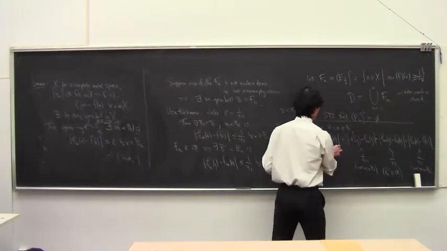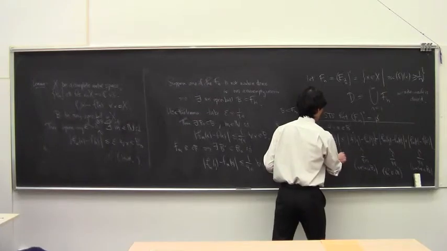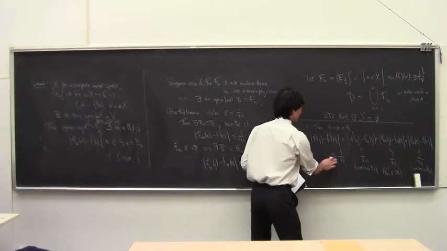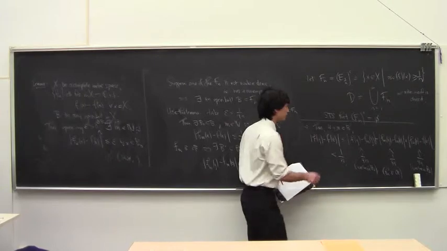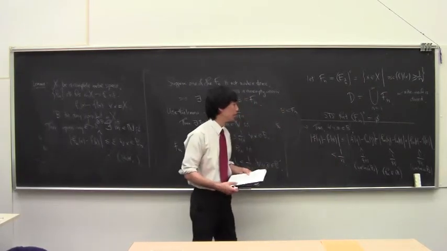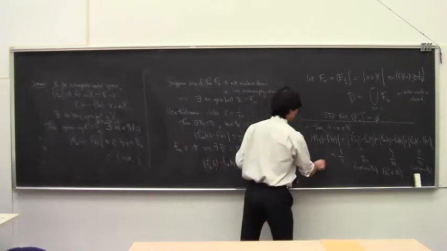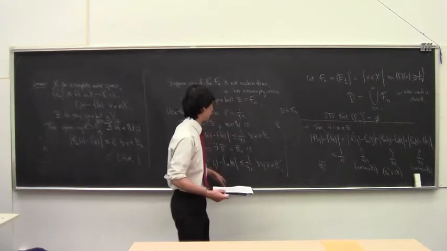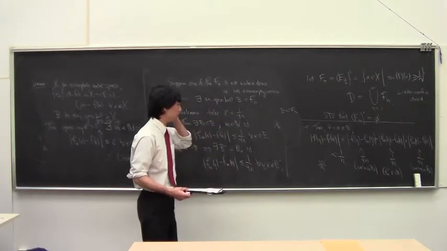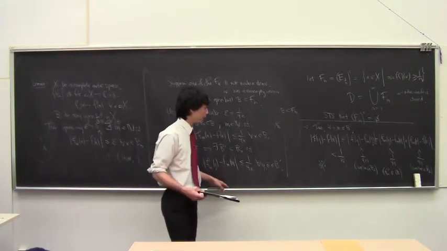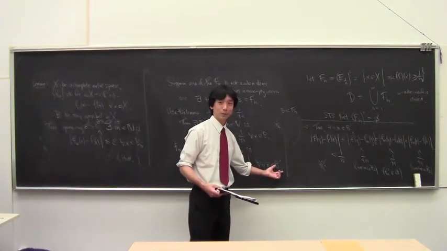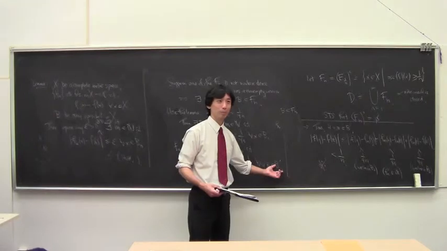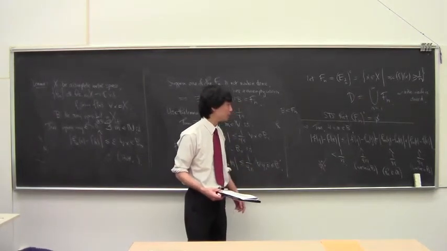And so that gives you that this thing is all smaller than 1 over n, and that's a contradiction. That would mean the oscillation for points inside the half-size ball of B prime is smaller than 1 over n.